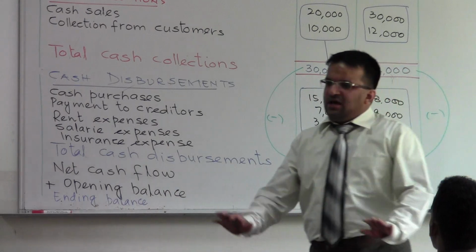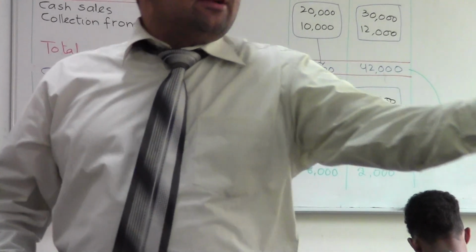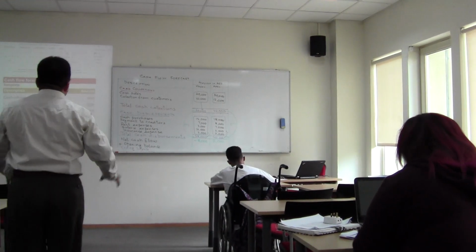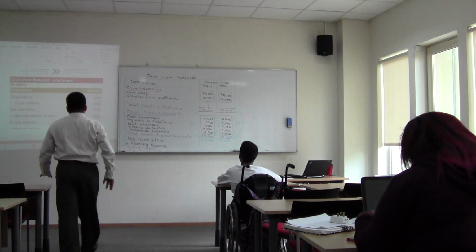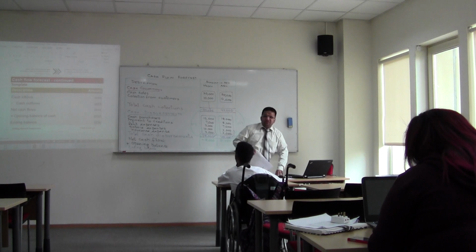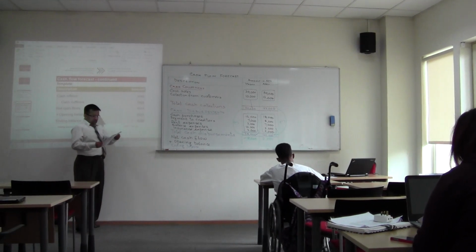Okay. Now another thing, the last point for our study. See the question and tell me what is the opening balance. Find out the opening balance in the activity. How much is the opening balance? Because we need opening balance now. 50,000. Starting balance, open balance.